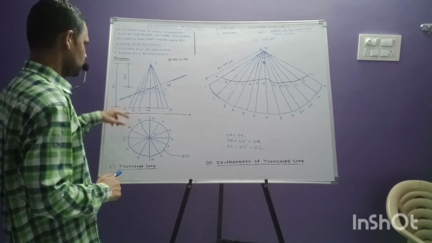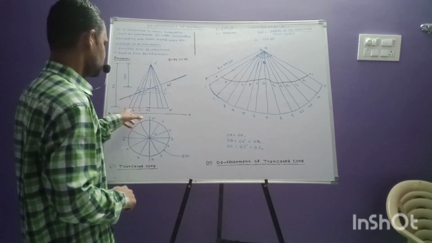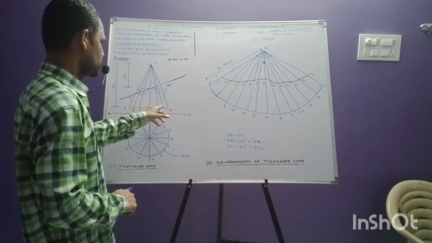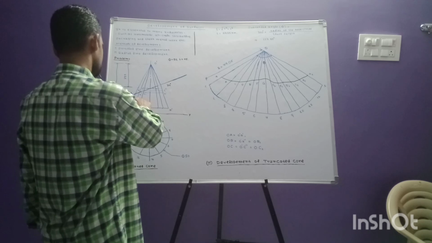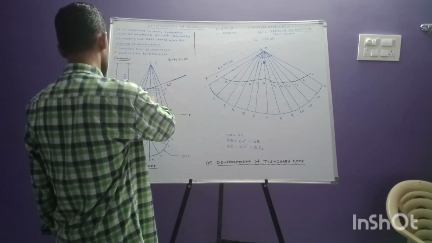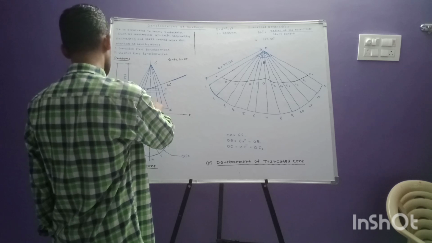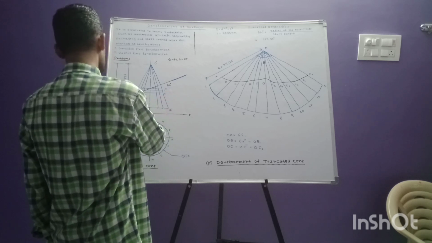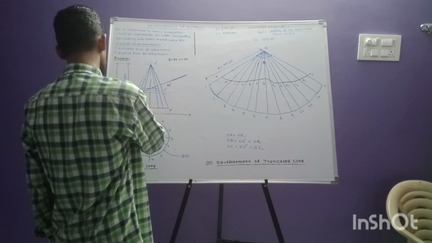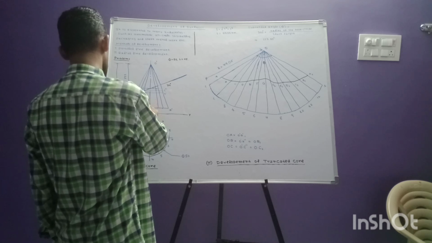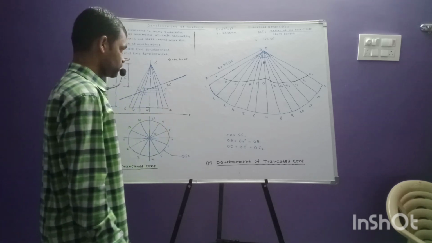So we have 12 points here, so 12 generators. The section plane cutting all the 12 generators will get 12 points: A dash, B dash, B1 dash, C dash, C1 dash, and so on.